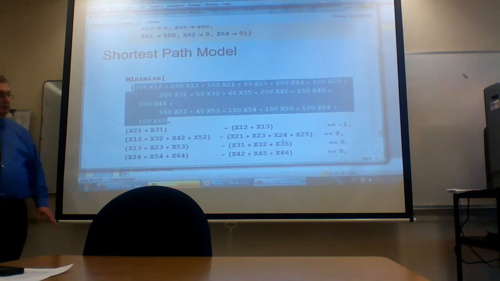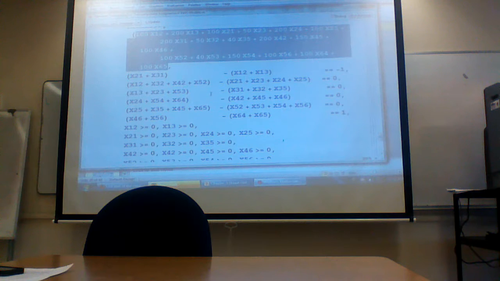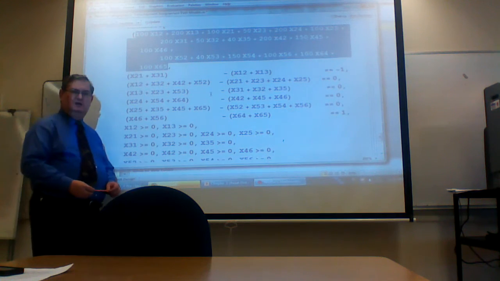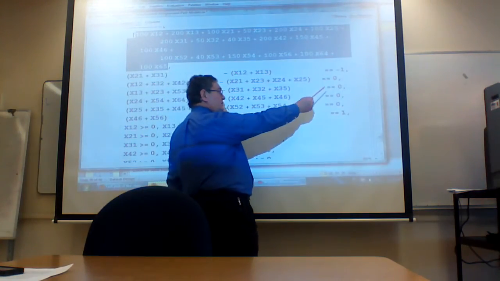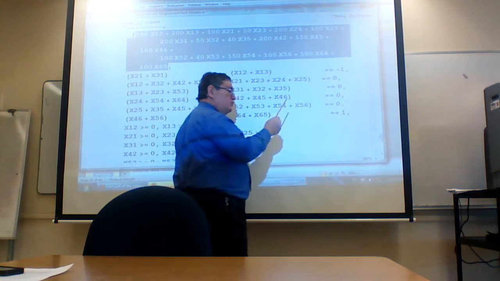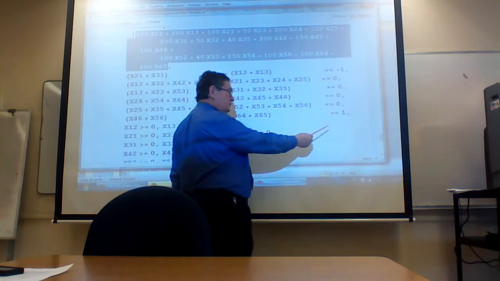And then what we have is a balancing equation for each one of the points, saying how the points are connected. With one particular difference: now we need to specify -1 where we depart, and 1 where we arrive.